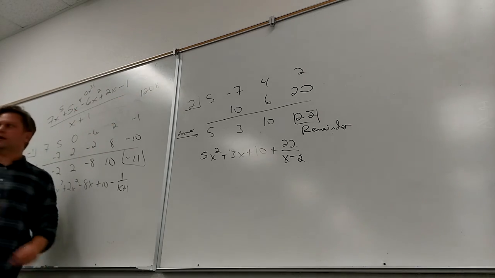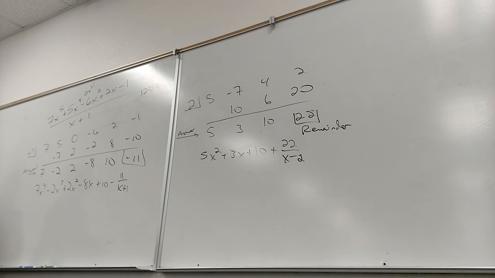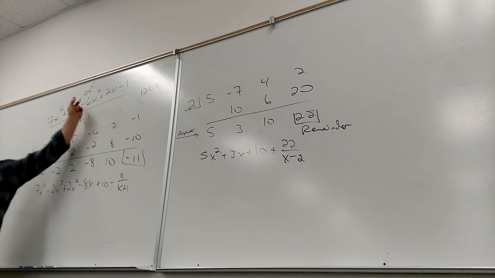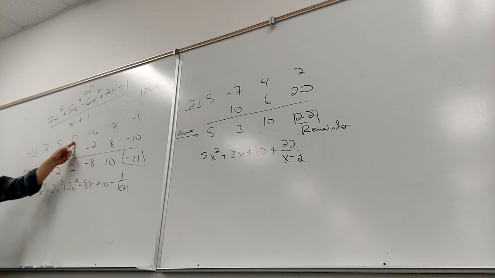This means I have no tens. We invented 0 to be a placeholder for what we don't have any of. So it's got to show up here. I don't have any x cubes. So this has to be in order for this whole thing to work. If I'm missing somebody in the middle, I've got to represent that place with 0. Same thing with long division. You have to do the same thing.